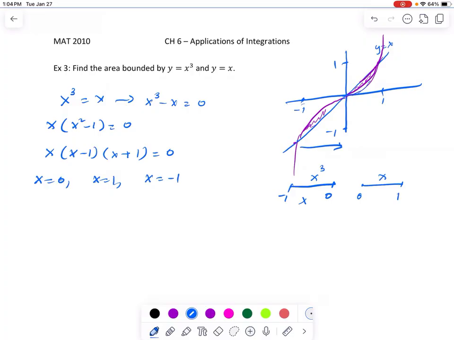So you can easily set up your intervals. But if you didn't have this, then you should do this.